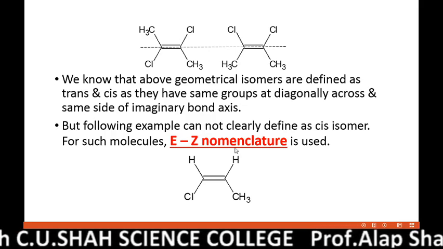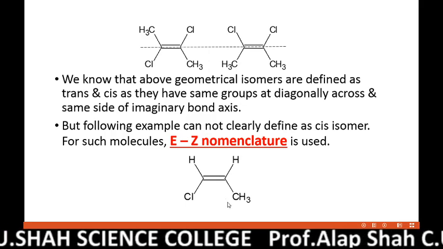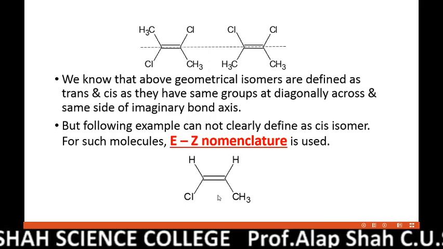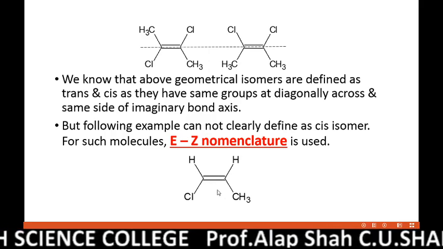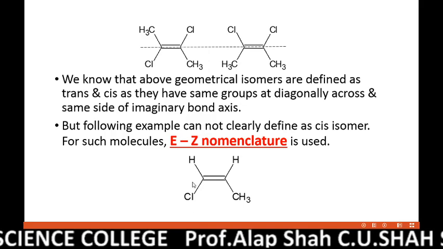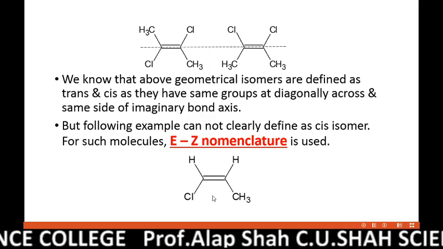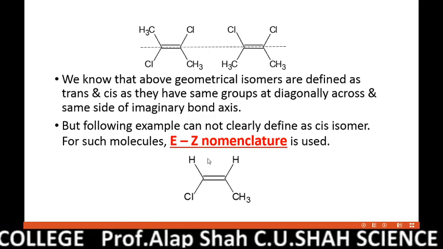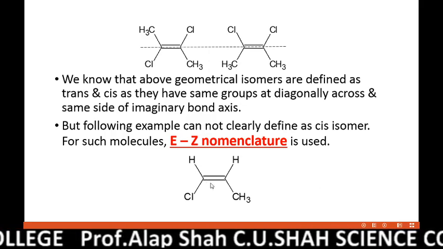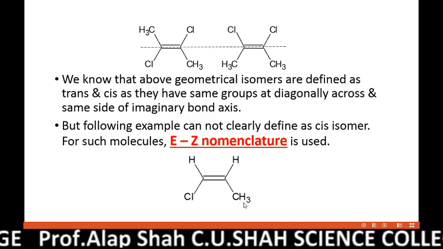But now if you focus on this compound, we can also draw its geometrical isomer. Now it can be defined neither clearly as cis nor as trans. The reason is that at one side of the double bond, two hydrogens are there, but on the other side of the double bond, one chloro and one methyl group is there.